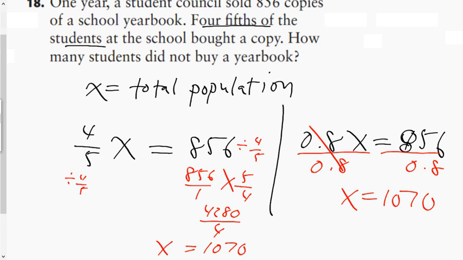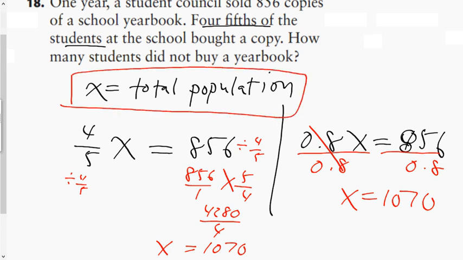But we're not done yet. Because what did we solve? We now know what the total population is. X is the total population. But that's not the question. The question is, how many students did not buy a yearbook? Well, let's just do some simple subtraction.